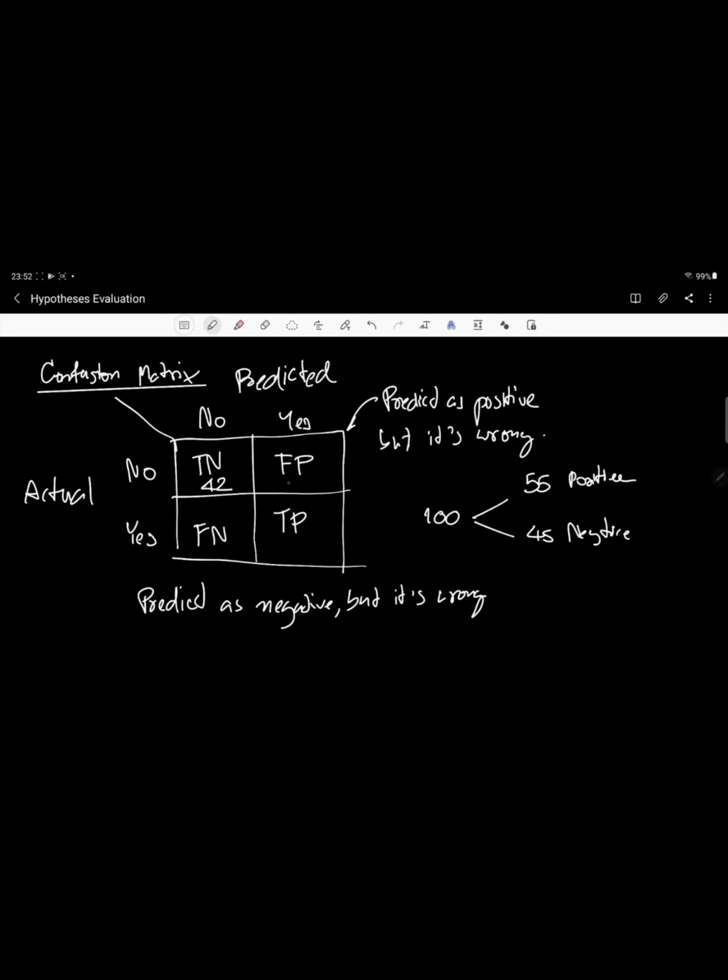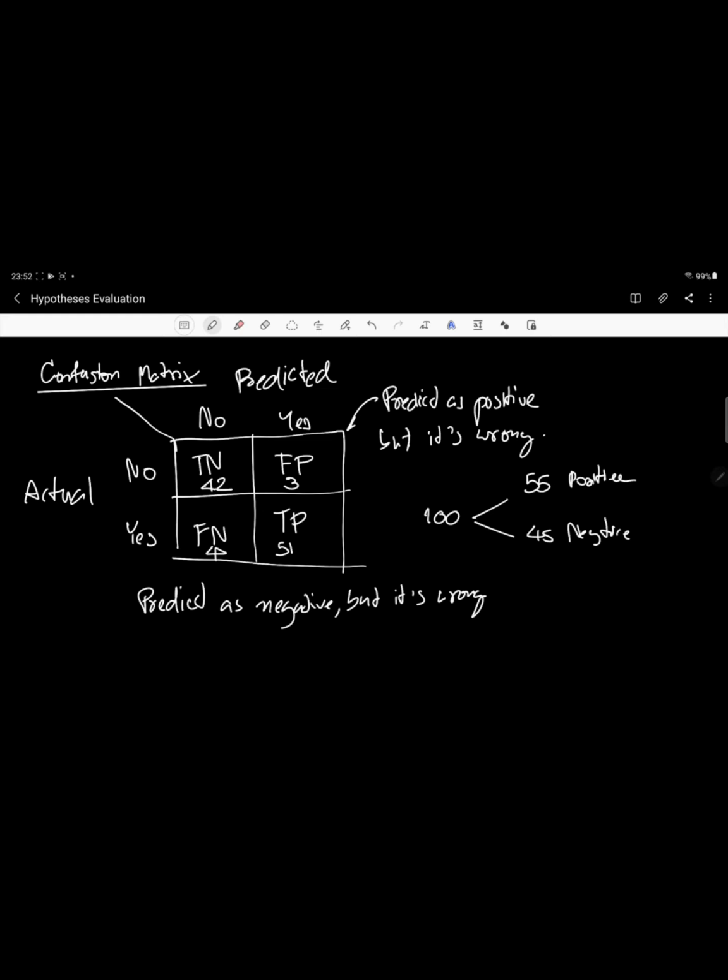So the remaining will be here 3. And for the true positive one, maybe it is 51. So the false negative one will be 4.